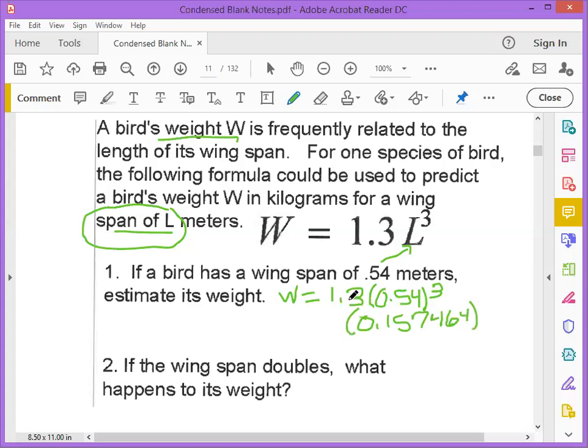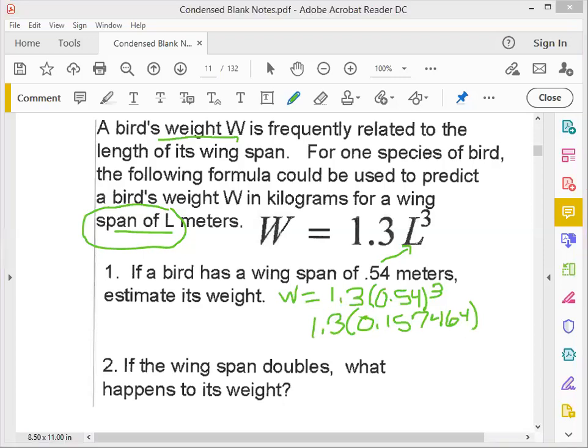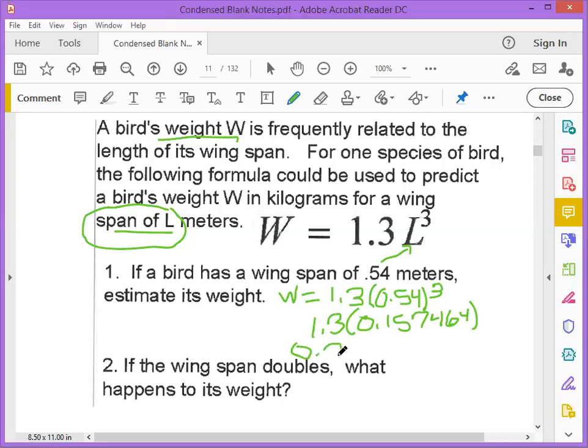And then we want to multiply this digit by 1.3. So we keep that digit, 0.157464, and multiply it times 1.3. And we'll get 0.2047.